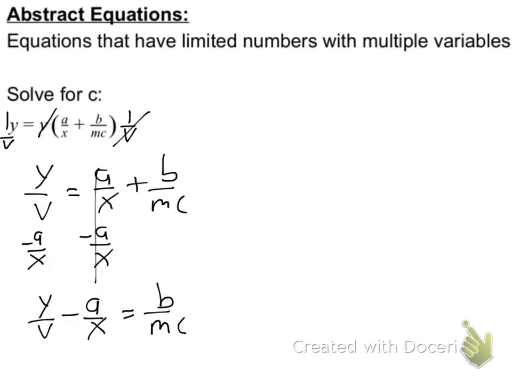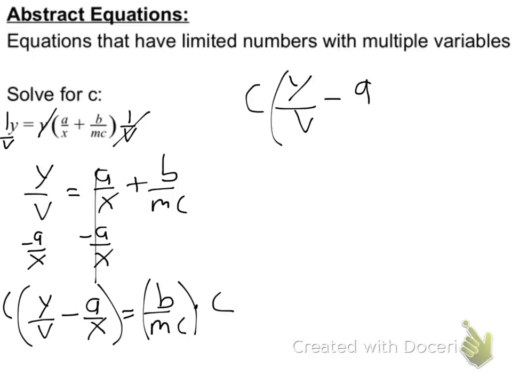It needs to be in the numerator. So I could multiply both sides by C. Just get C out from the bottom now. So now we get C times the quantity, and I'm not going to distribute here. We'll see why. Equals what?